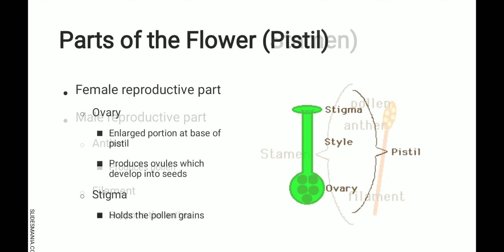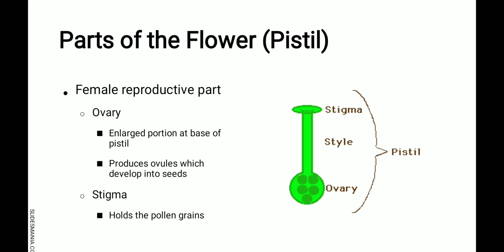So next, in the female reproductive part, we have two. We have ovary and we have stigma. So ovary at the bottom. This is the enlarged portion at the base of the pistil, and it produces ovules which develop into seeds. And then next is the stigma. Stigma holds the pollen grains.